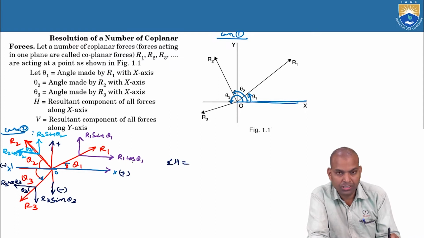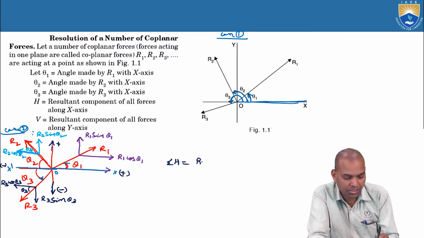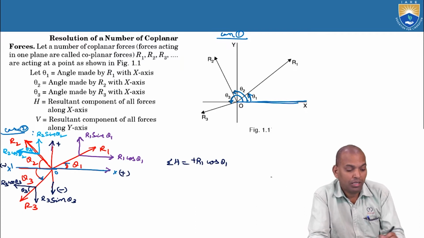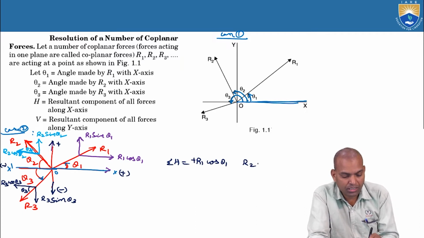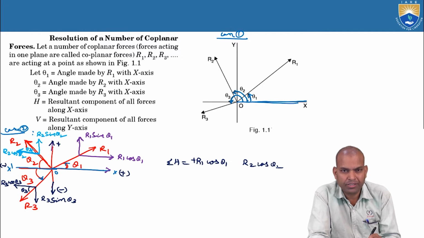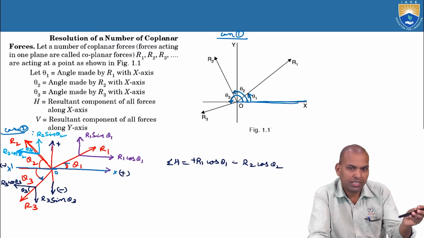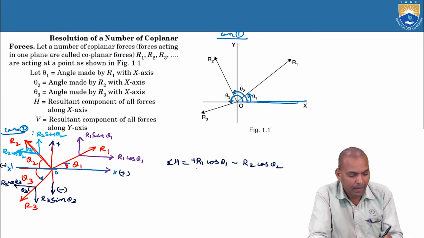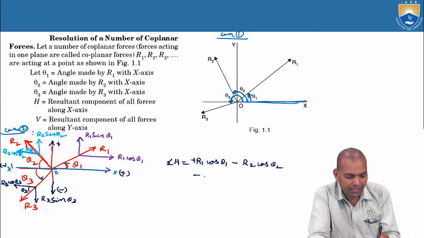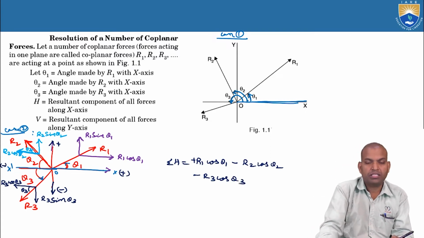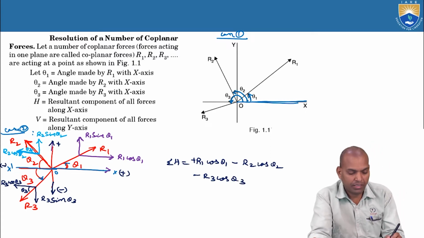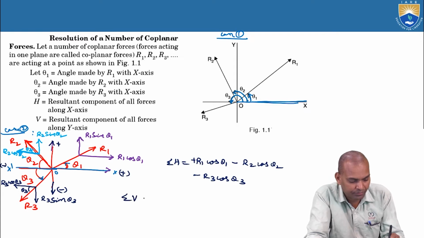Now the R1 horizontal component, that is R1 cos theta 1, is positive. R2 cos theta 2, is this positive or negative? It is negative. It is moving towards the negative x-axis. Next, minus R3 cos theta 3. This is sigma h. Next, what about sigma v?